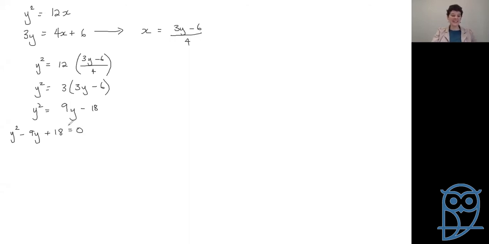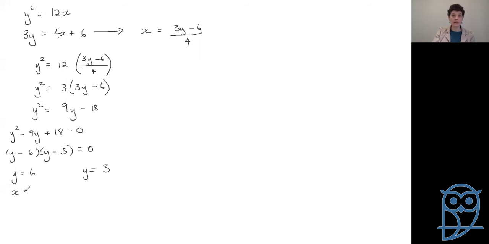Now, of course, we're going to factorize. So we have a y and a y equals 0. Never forget it. Here's a crucial part. Factors of 18 that add to give 9. Well, that will be a 6 and a 3. Like signs, both negative. So we have y equals 6 and we have y equals 3.